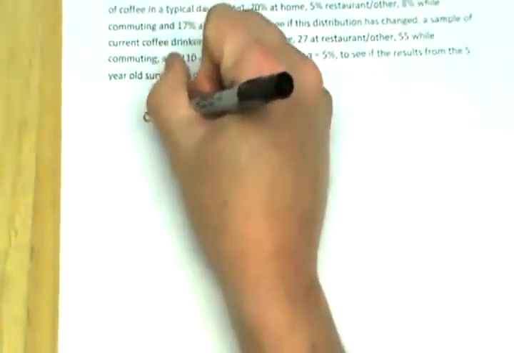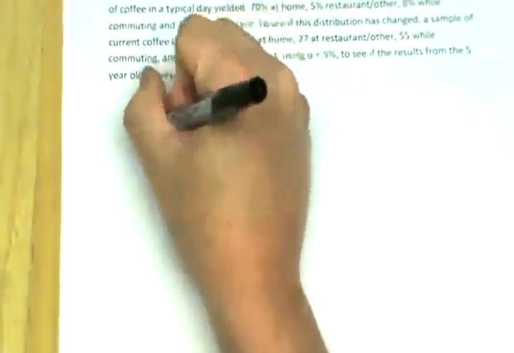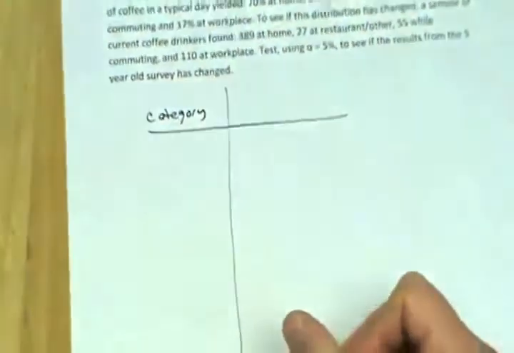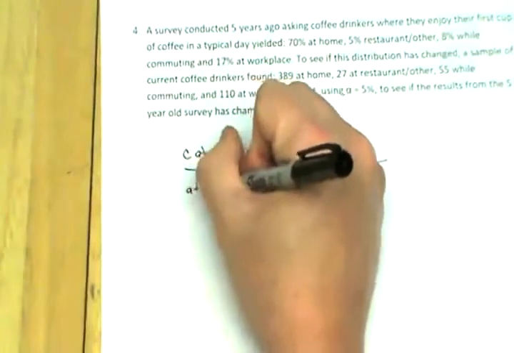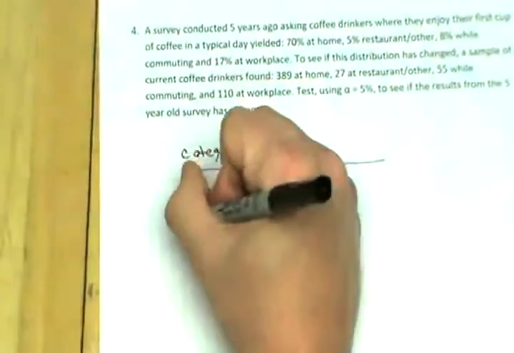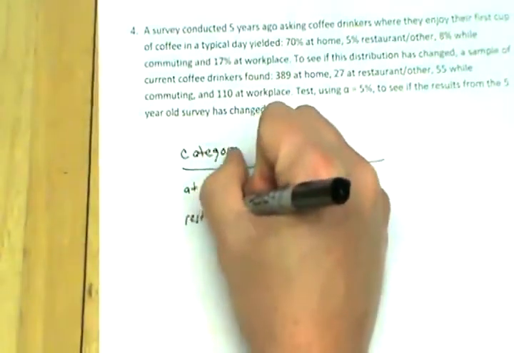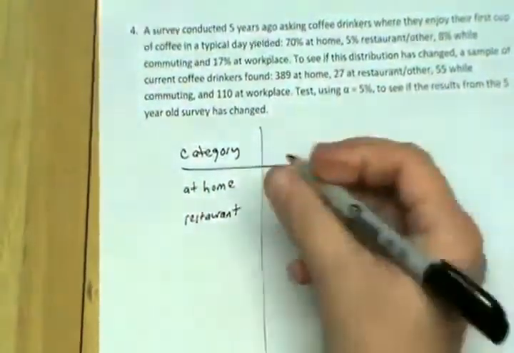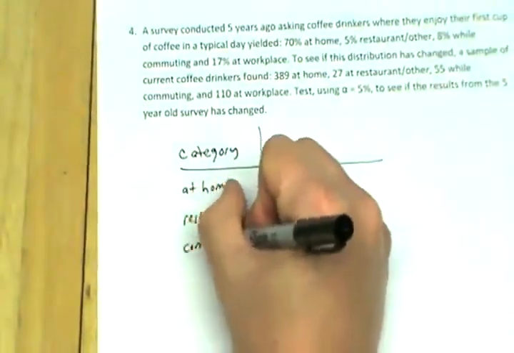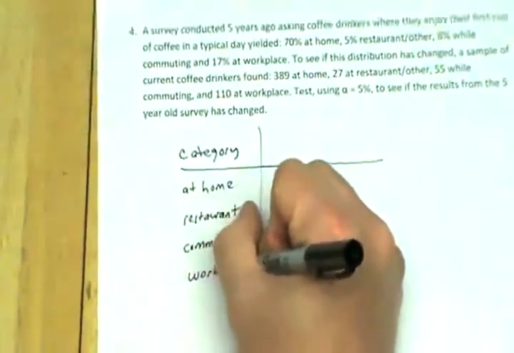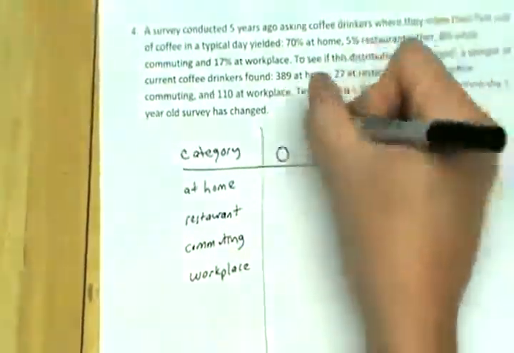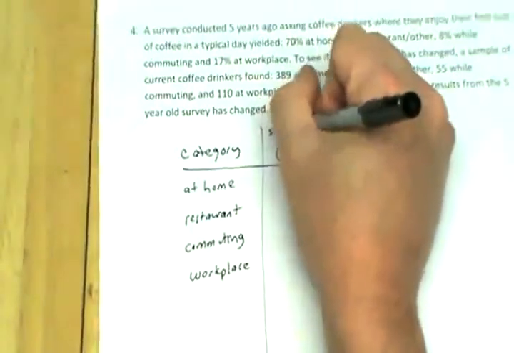Category: where do they drink their first cup of coffee? At home, at a restaurant, commuting, or at the workplace. Observed is based on our sample.